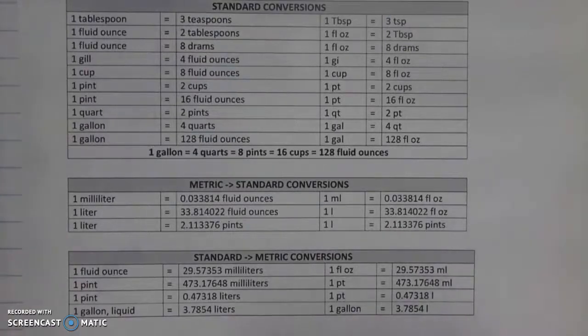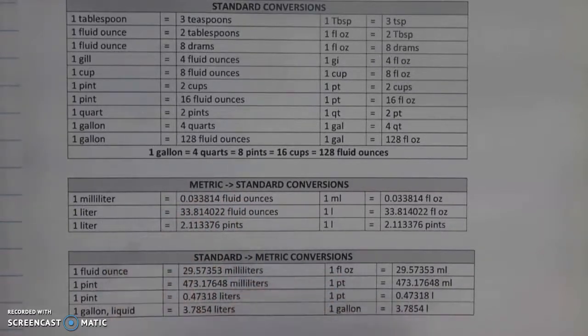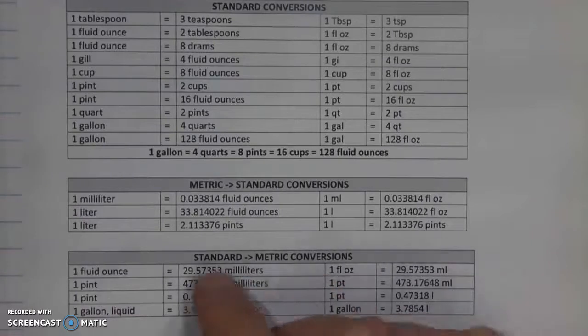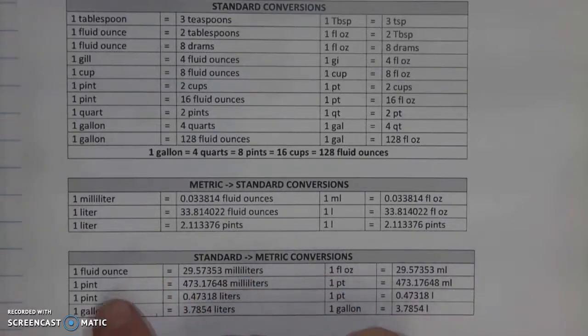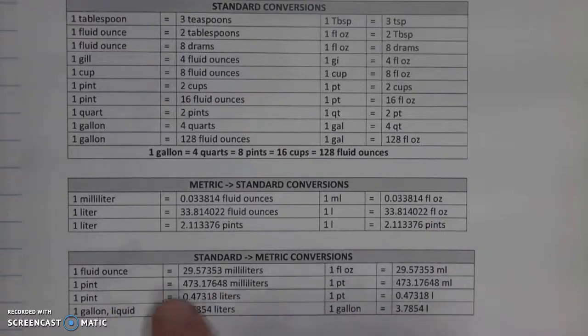But the metric conversions, the ones that they were using in Ireland where I was trying to do my cooking and baking, are going to be in the milliliter and liter options. And they might even give us a little bit of help here with this third chart that's going to show us how to go from our American stuff like pints into their more European measurements or scientific measurements, which are liters. So I'm going to need to do a couple conversions.